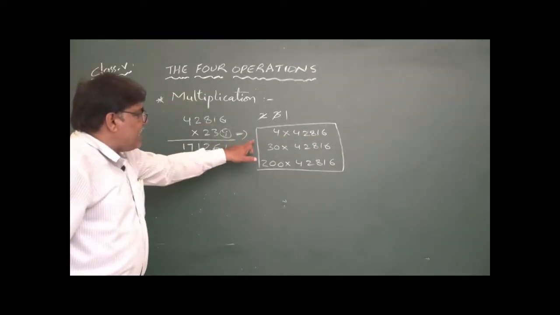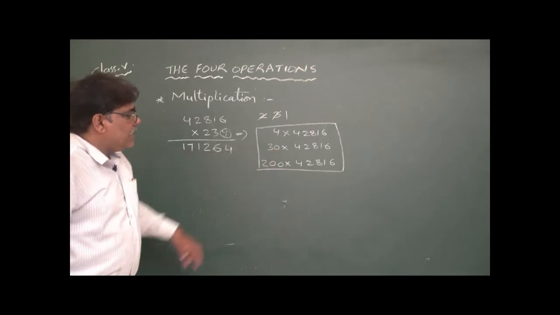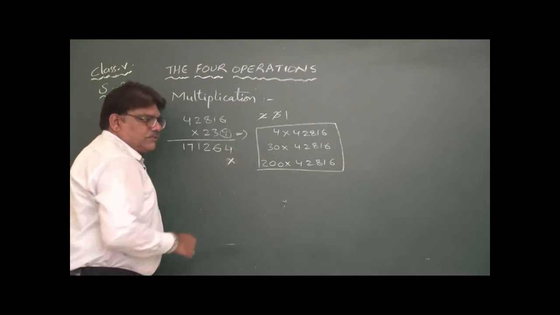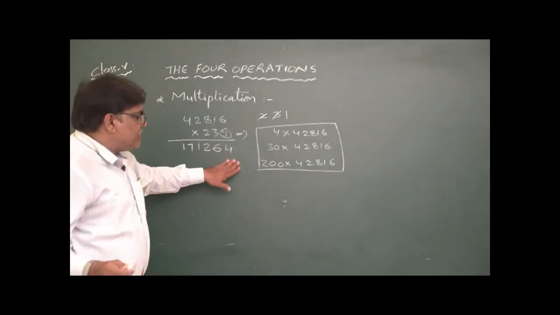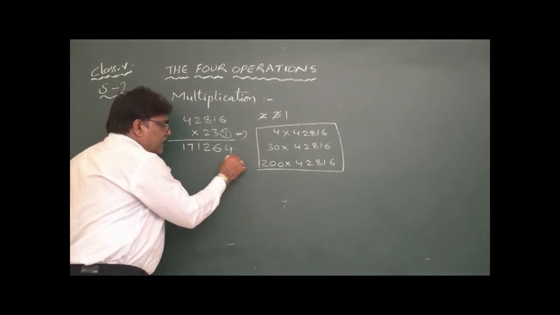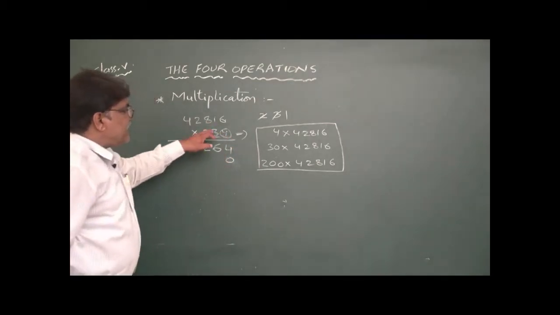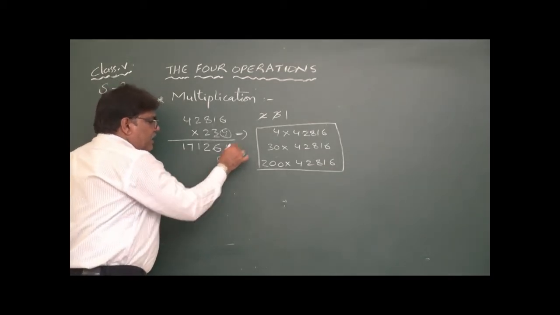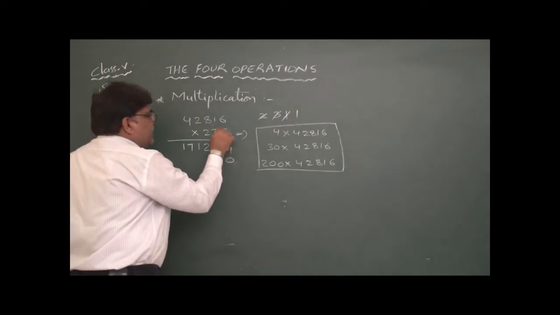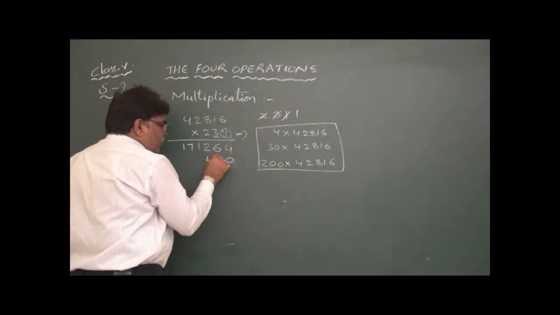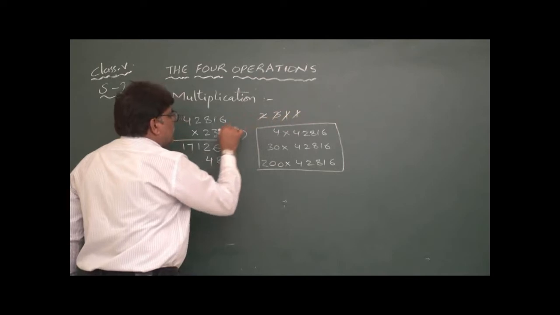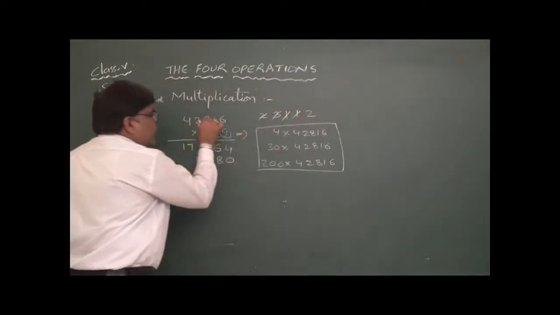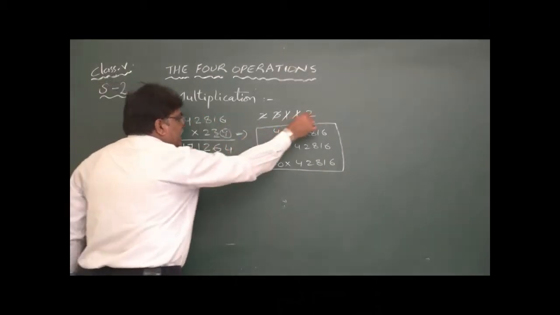Now for the second value, here already a 0 is there. So we can keep either the 0 or not, that is our wish. Either we keep a 0, then start with 3. 3 6s are 18, 8 carry 1. 3 ones are 3 plus 1, 4. 3 8s are 24, 4 carry 2. 3 2s are 6 plus 2, 8, carry is over.